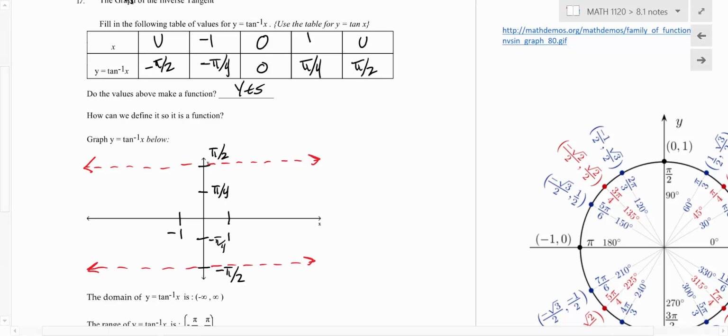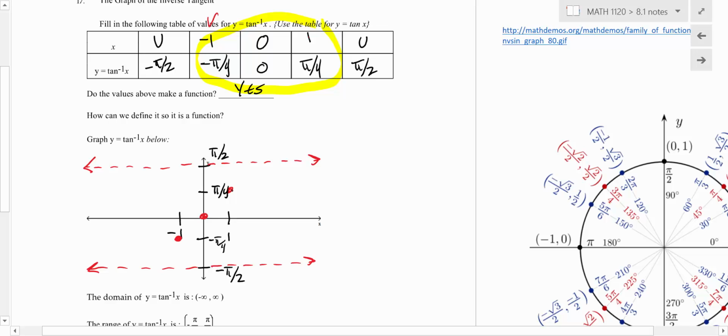Now let's just plot these 3 points right here, and then we'll talk about how the graph's going to look. So we have the point 0, 0, negative 1, negative pi over 4, like that. Then you have 1, up pi over 4, like that. Okay?